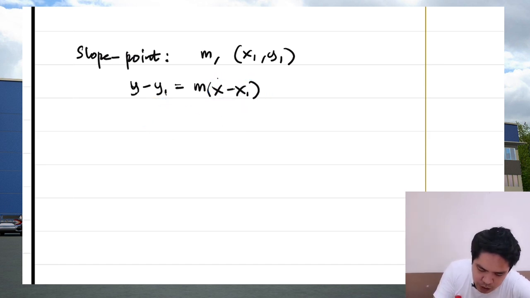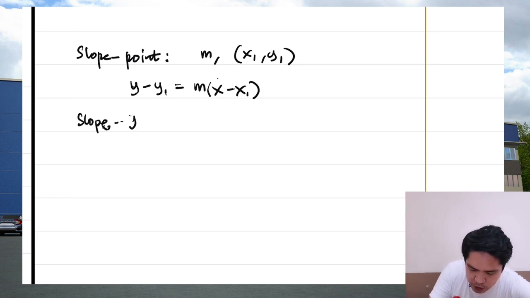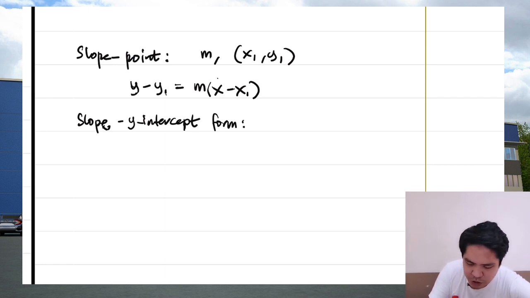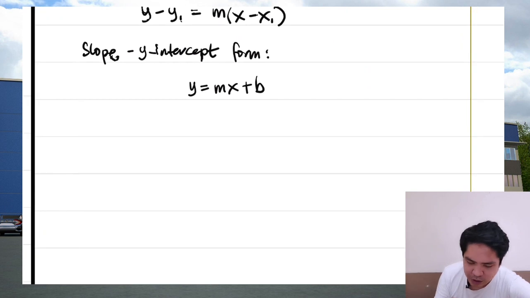We also have the slope intercept form, or the slope Y-Intercept form. This is the easiest equation, right? Easy to remember. This is just y is equal to mx plus b. This was my favorite equation in high school because it's so easy. Okay?